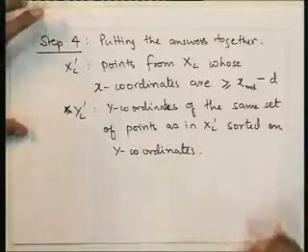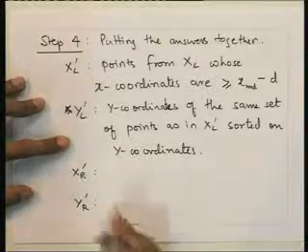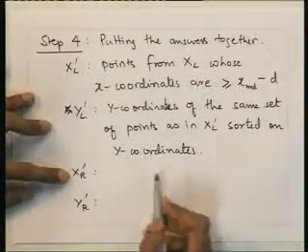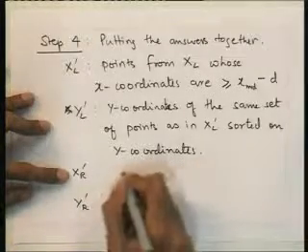You get these by pruning XL and YL. You look at XL and YL and only keep the points in the band, and you remove some of those points, so you're left with XL prime and YL prime. Do a similar thing for the right hand side, so you get XR prime and YR prime.